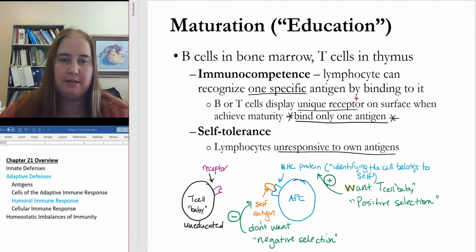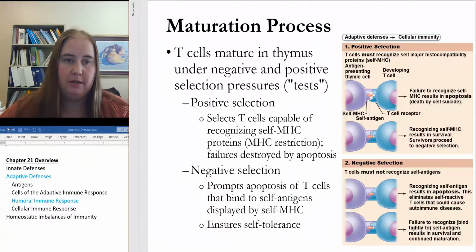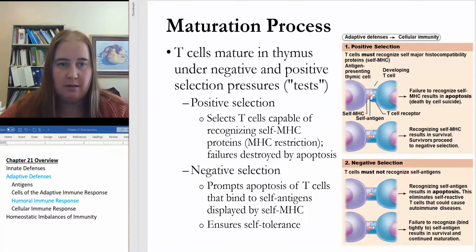So if we go back, let's look at this. Okay, here's our baby cell. We want it to recognize this MHC molecule. Okay, so what'll happen is here's our baby T cell. Here's its receptor. Okay, we want this receptor here to recognize this here.